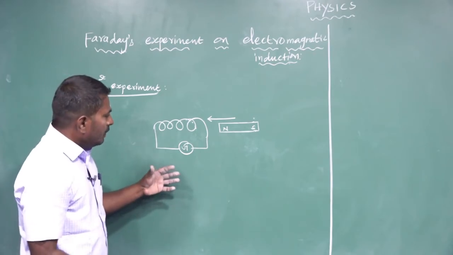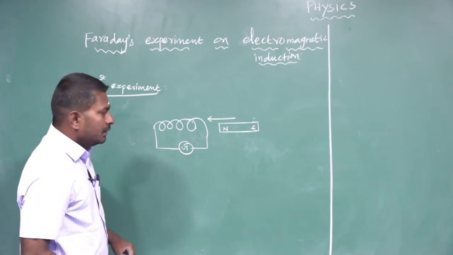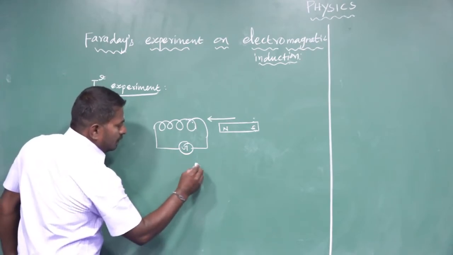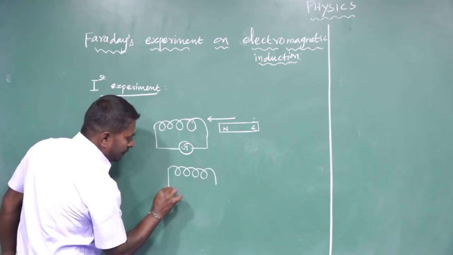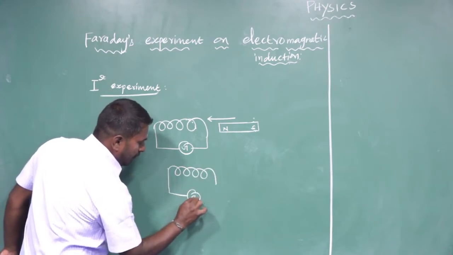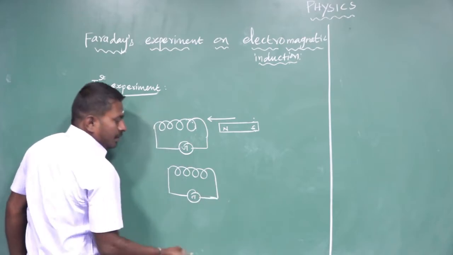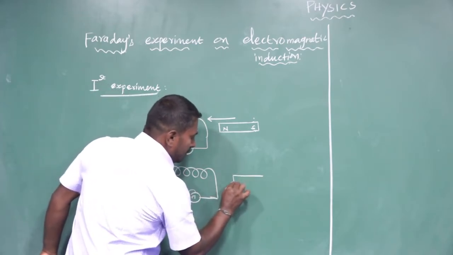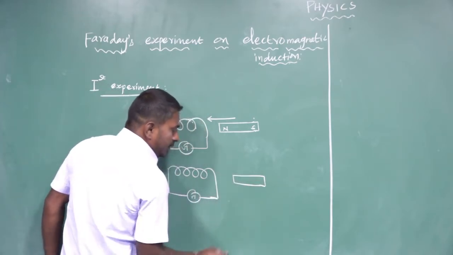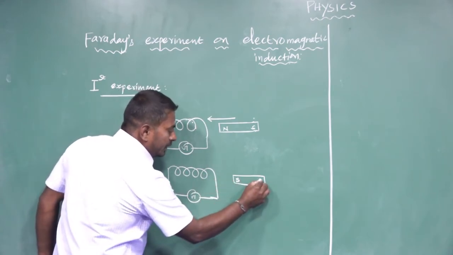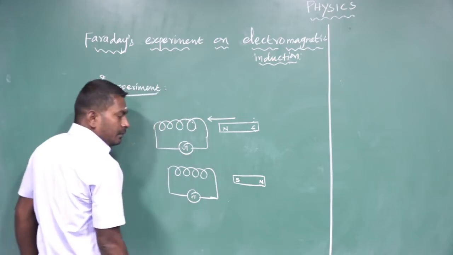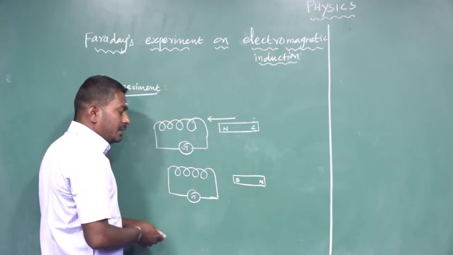Now, the experiment is repeated with the same closed circuit. See the bar magnet. But in this case, the south pole of the bar magnet is facing towards the coil. The same as in the previous case.